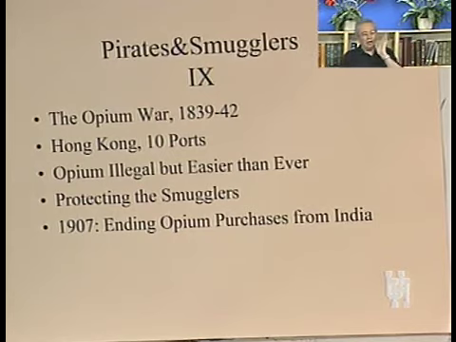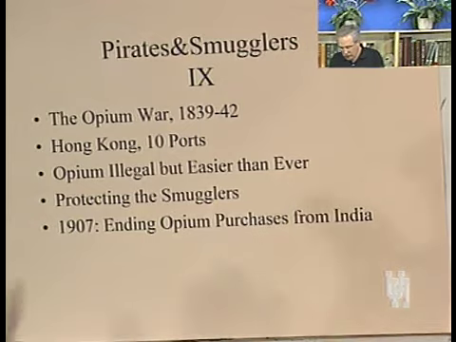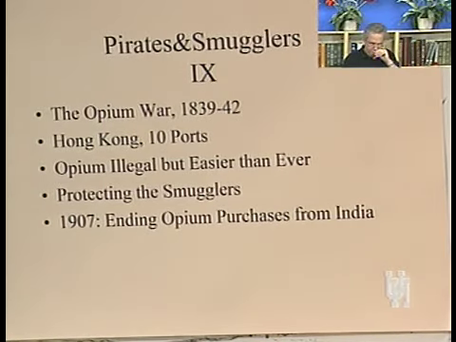As that movement starts to pick up steam, the British agree that they will end sales of opium from their possessions in India. It is supposed to occur over a 10-year period from 1907 to 1917.